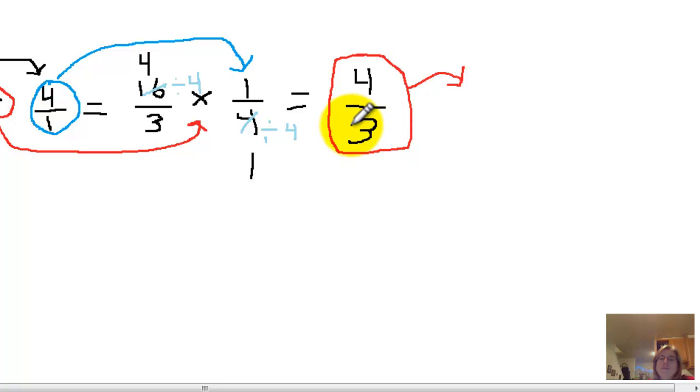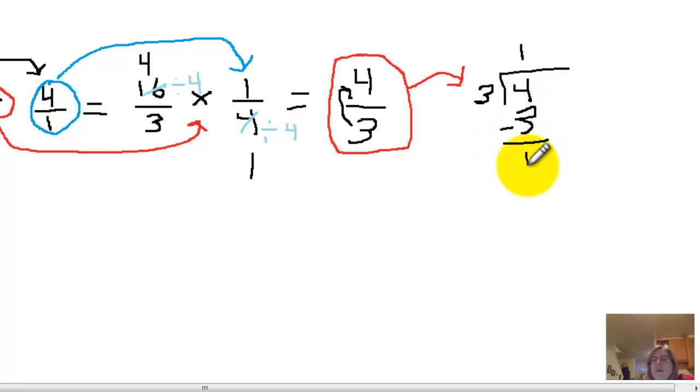So we divide 3 into 4. Remember, we get a remainder. So 3 into 4 is 1, and that's 3. Subtract, get 1. That's a remainder of 1.